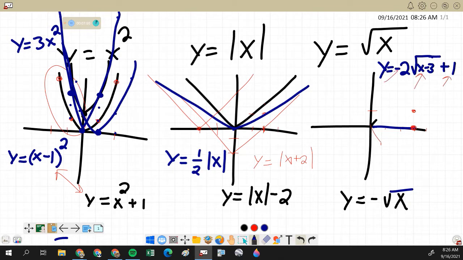What does this do? Flips it upside down. And what does this do? Makes it twice as tall. So instead of over 1, down 1, it's going to be over 1, down 2. Over 1, down, oh, sorry, this is a square root graph. So we're up here, and we're flipped upside down. So it's going to be taller than the normal square root. So the normal square root would kind of look like that. Okay, does that make sense?